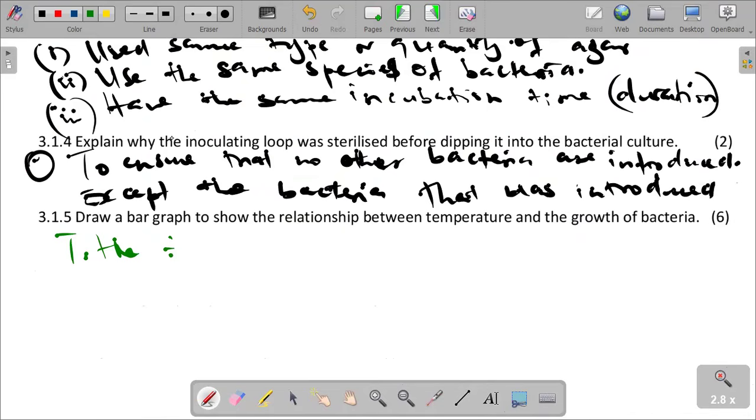So we want to look at the effect of temperature on bacterial growth.